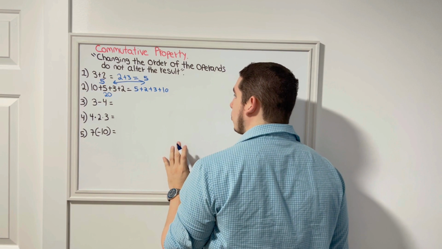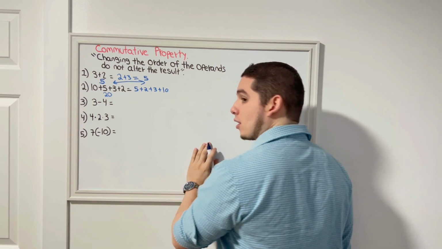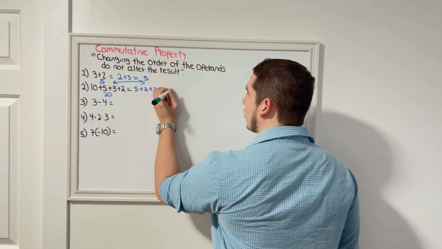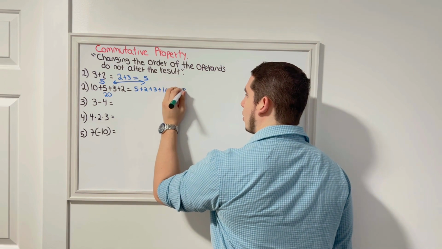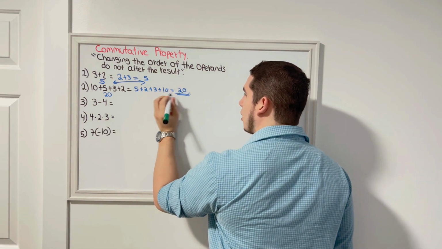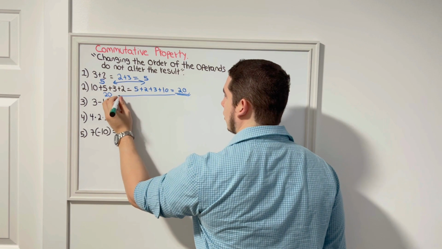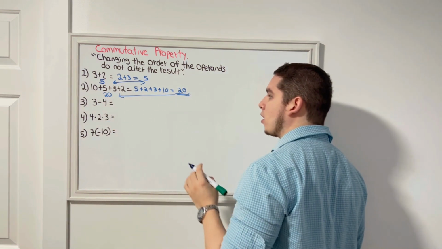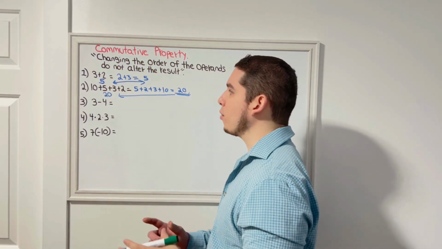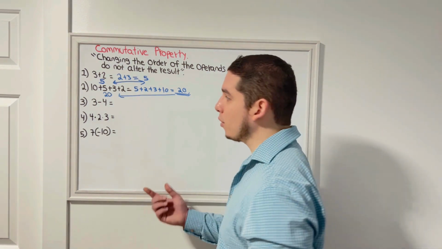And if we want to prove this, we have to solve it. If we solve it, the answer is also 20. Therefore, both of them are true, and we applied the commutative property correctly.